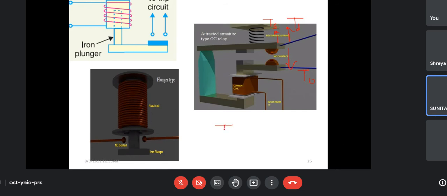So ideally, on the verge of operation, Ts plus Td will be equal to To, right? But generally, we neglect Ts. We assume it's zero because torque developed by some other means is much higher than Ts. Okay, understood?